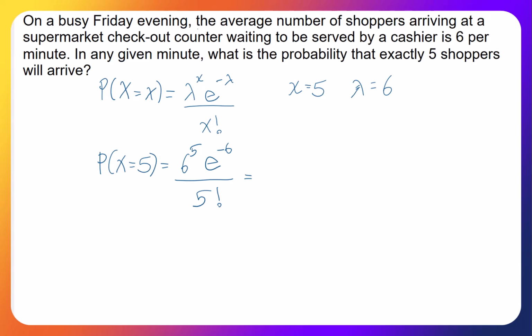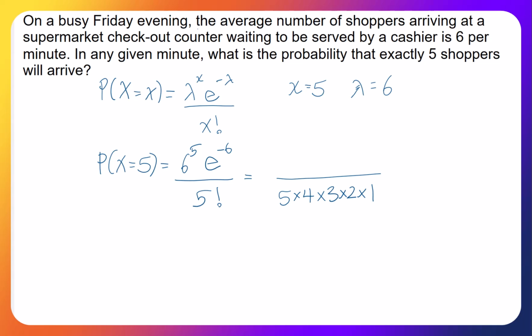There should be a factorial key. If not, it's just 5 times 4 times 3 times 2 times 1. It's nice to see that written out at some point. So any number factorial just means take that number and times it by every number below it, all the way to 1. And then 6 to the power of 5, e to the minus 6.